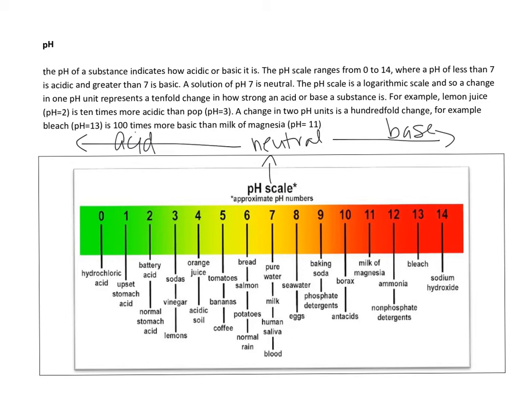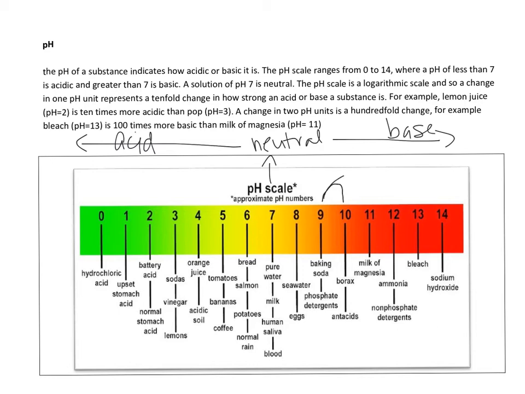It's a logarithmic scale, so every time you go up 1 in pH, that is a 10 times change in concentration. So a base that has a pH of 10 compared to a base that's pH of 9 is 10 times more basic.